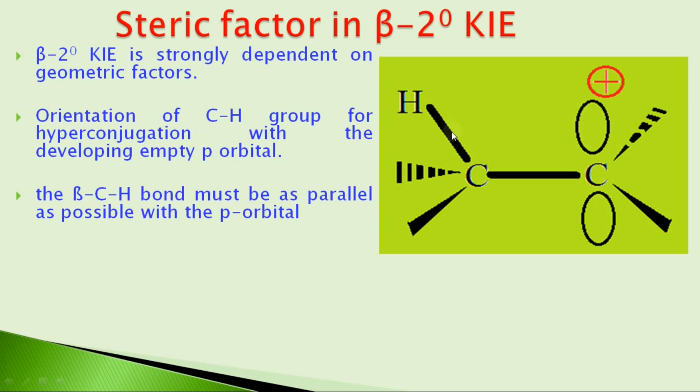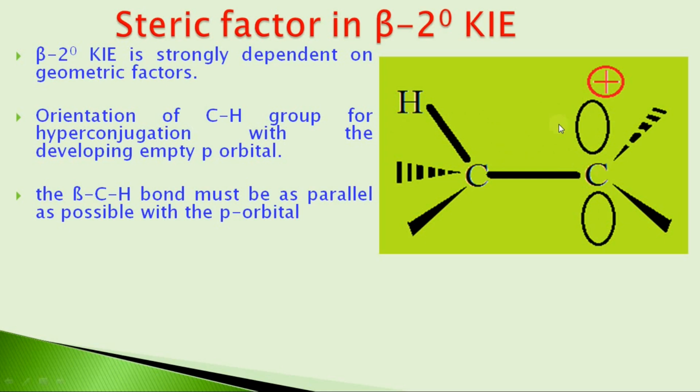For proper overlapping, this CH bond must be as parallel as possible with this empty p orbital. If these two are parallel, then there will be effective overlapping and formation of a temporary pi bond between these two C atoms, which will result in stability.